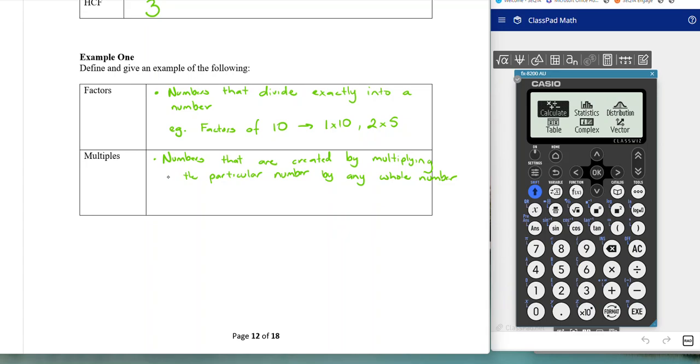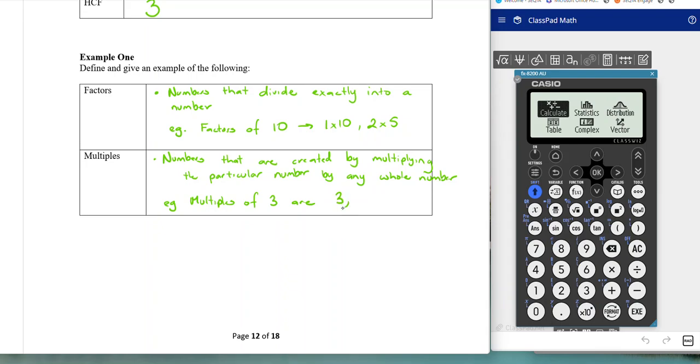So for example, these are basically your times tables. If I want to know, for example, the multiples of 3, they are going to be my 3 times tables, starting with 3 times 1. So 3 times 1 is 3.